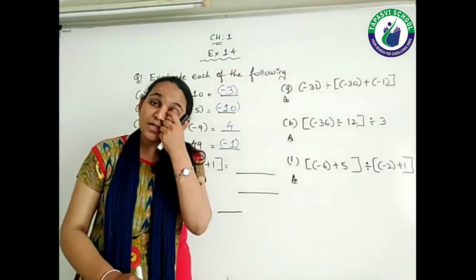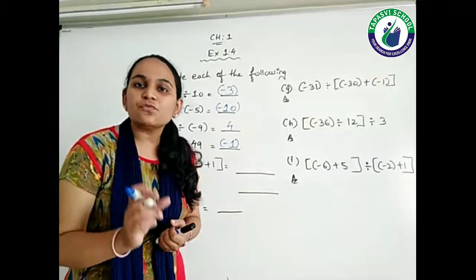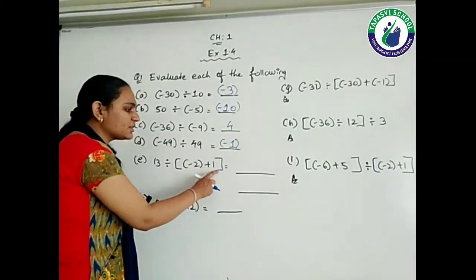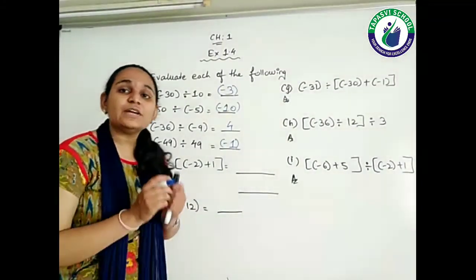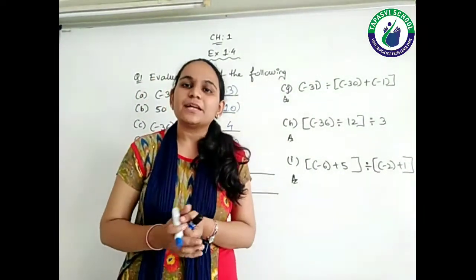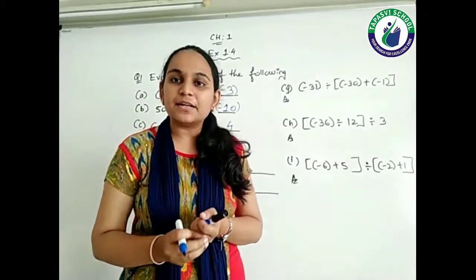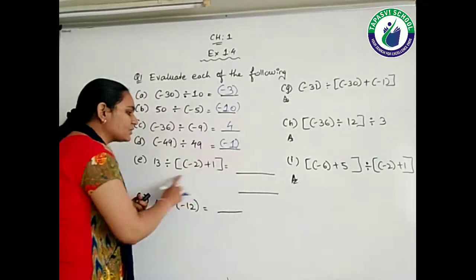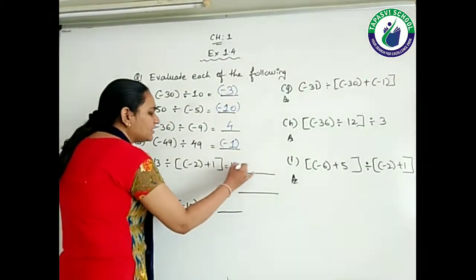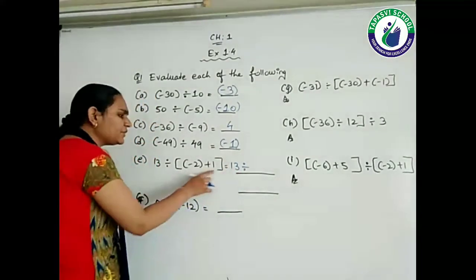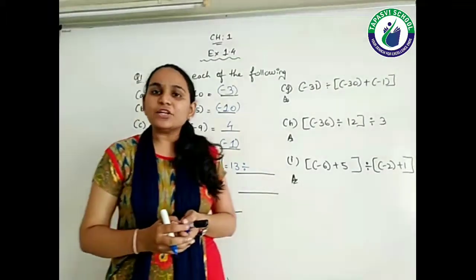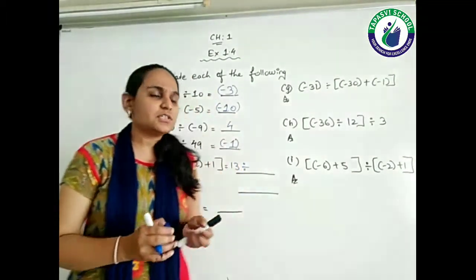Next question, students, 13 divided by minus 2 plus 1. Now see here, students, there are 3 numbers, right? So first of all we need to solve this one because the square bracket is there. Whenever square brackets, small brackets, or curly brackets are there, first of all you need to give importance to them, right? So first step is to solve this one. We know very well the rule of addition and subtraction of integers, students.